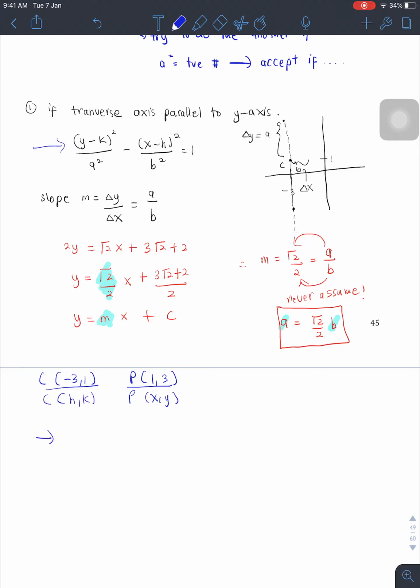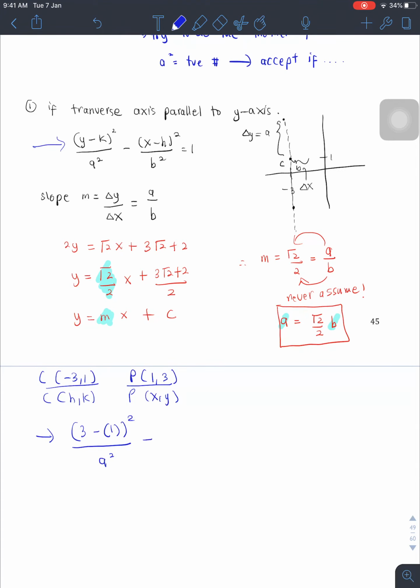Substitute into the standard equation: y would be 3 minus k, which is 1, squared over a squared, minus, and you know already your x, which is 1, minus h, which gives negative 3, squared over b squared equivalent to 1.